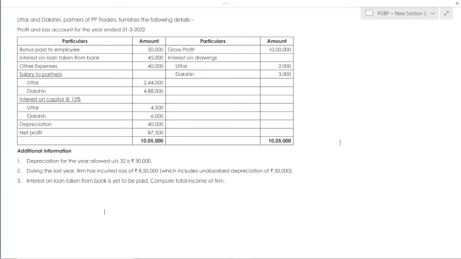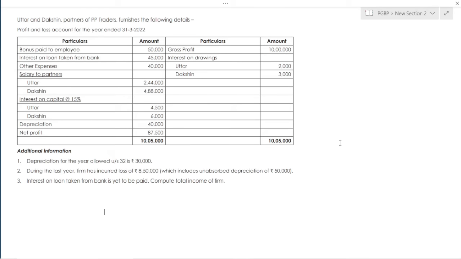Come to the adjustments, because once we see the adjustments, then each and every point I will discuss in detail with you. So come to the adjustments, that is the additional information. Depreciation for the year as per section 32, that means as per income tax, is given. Then they said during the last year the firm incurred a loss of rupees 8,50,000, and in that 8,50,000, 50,000 is unabsorbed depreciation.